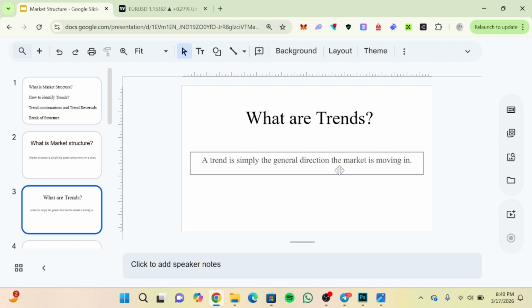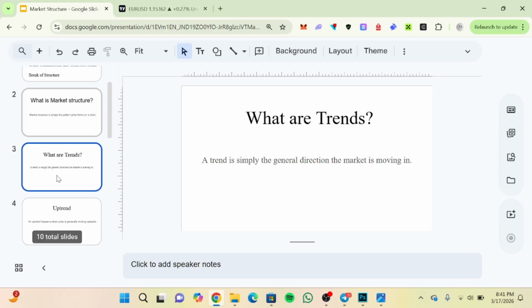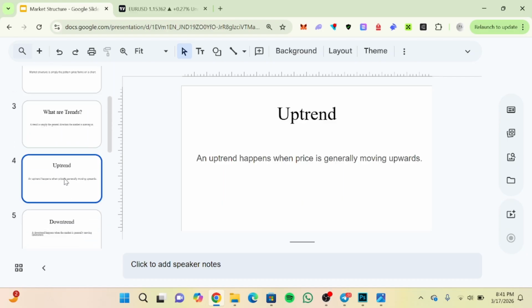And there are two main types of trend actually. We have the uptrend and the downtrend. But let's look at the uptrend first. Now, an uptrend happens when price is generally moving upwards.